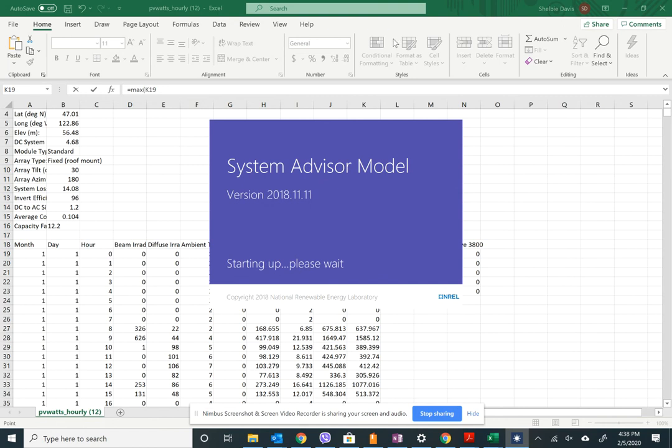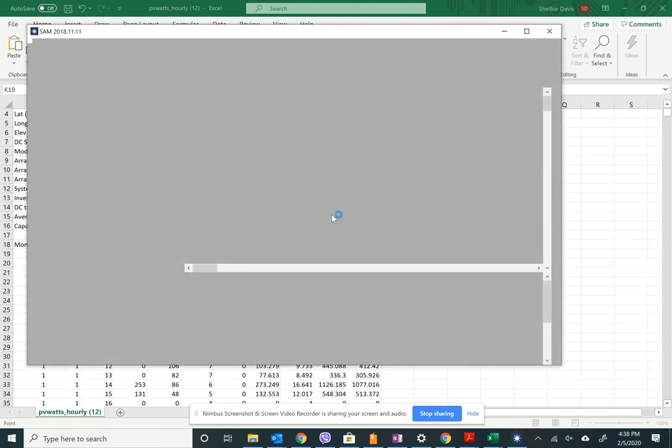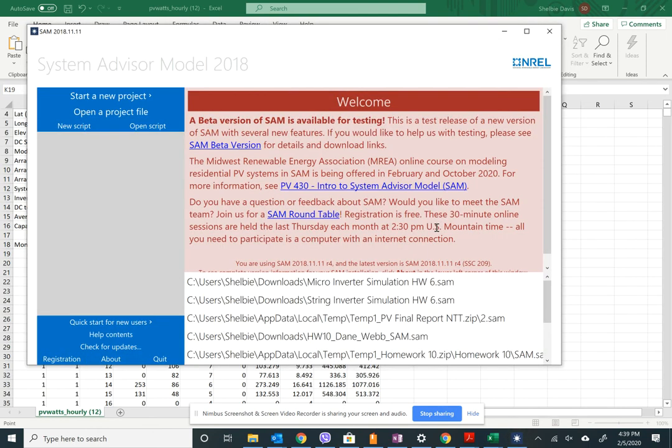Do you have the same version as I do? 2018.11.11? Yes. The reason I ask is that this is updated frequently, and it has various models of inverters and solar panels.